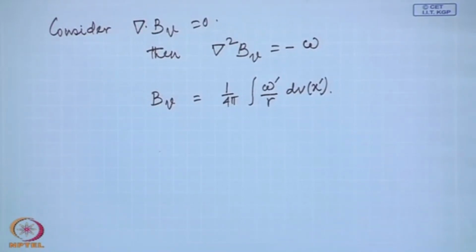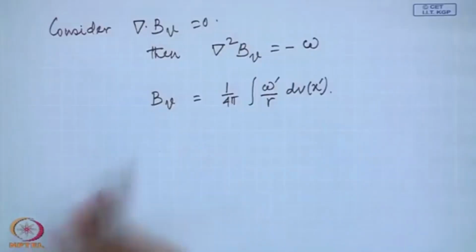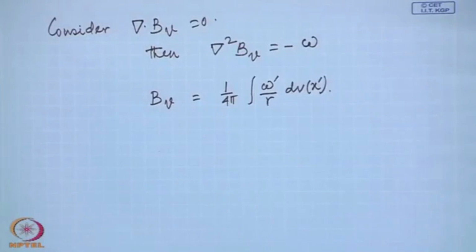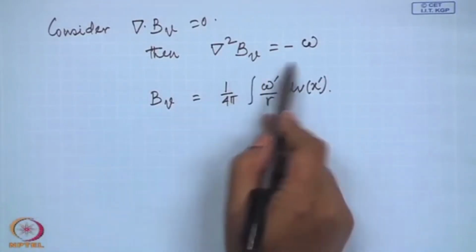Again, integration over the entire fluid or the infinite fluid. However, before we accept this to be a solution of our original problem, we have to see whether this really has divergence 0, because that is what we have assumed. With that assumption only we have got this equation.